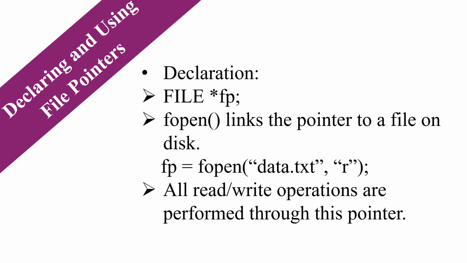From this point on, your program won't talk to the file name anymore. Everything, reading, writing, moving around in the file, will happen through this pointer, right? So remember, the file pointer is your gateway to the file. Without it, you can't do any read or write operations.